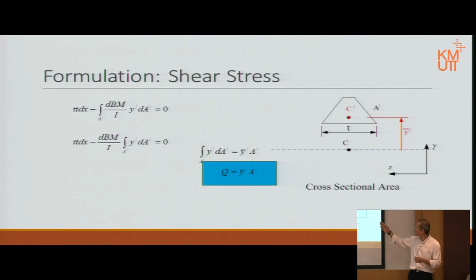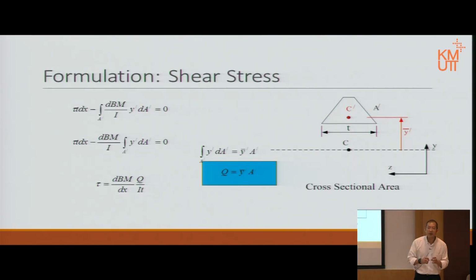So that is the definition for y bar prime and A prime. A prime must be cut, and that is the position where you actually look at the shear stress. Okay. Once we have that expression, substitute back into the main equation. And then we move t downwards, we move the x downwards.